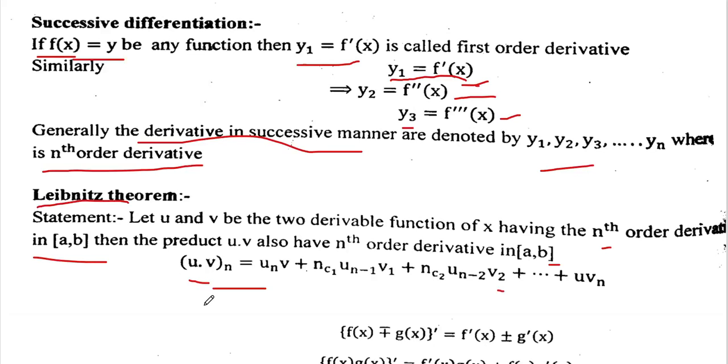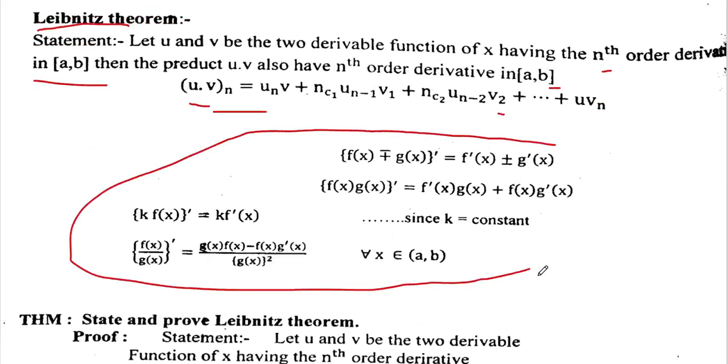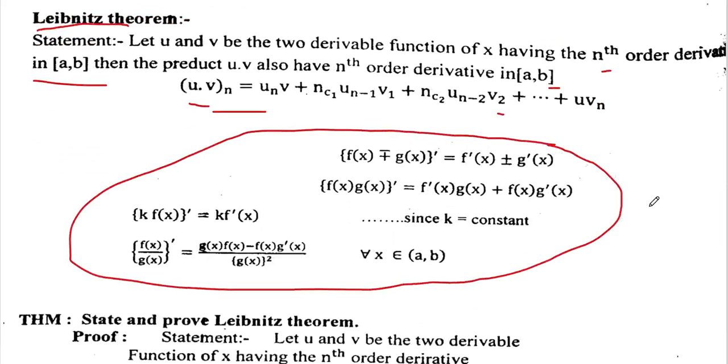Now we have already discussed this part in the previous lecture on differentiation. Already we have seen that the derivative of f of x plus minus g of x is f dash of x plus minus g dash of x.